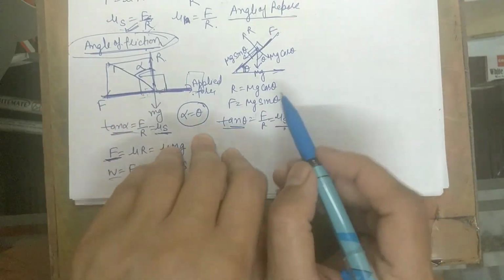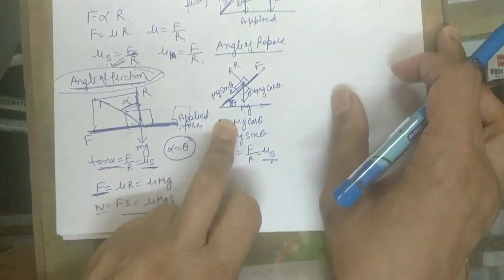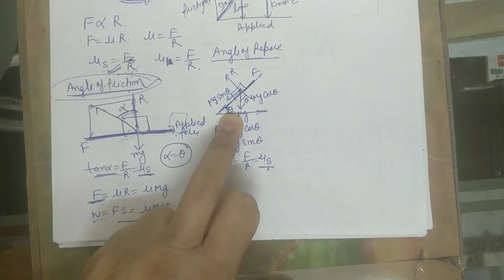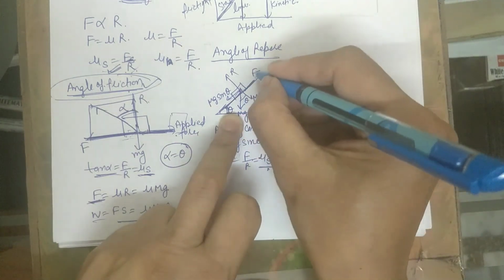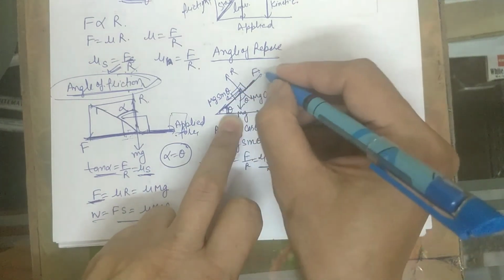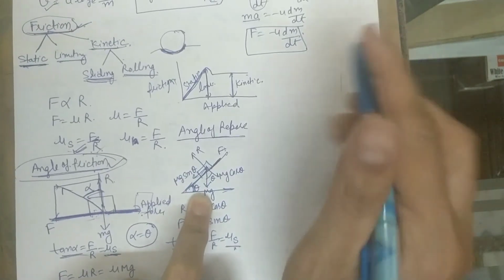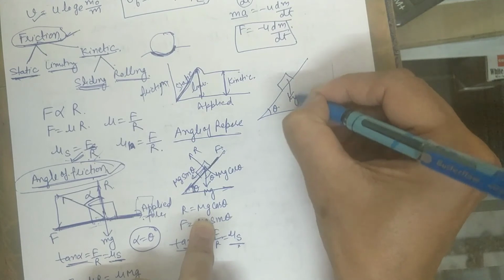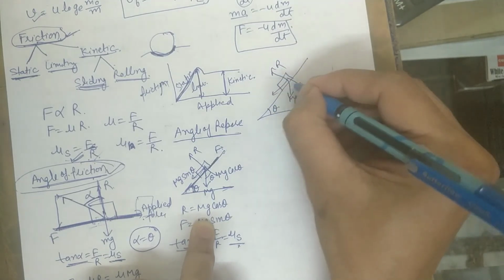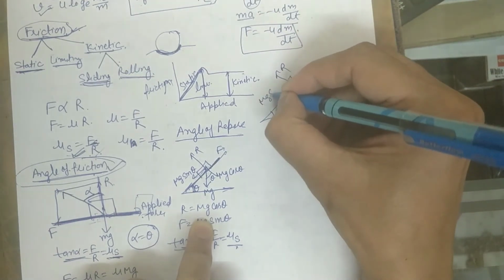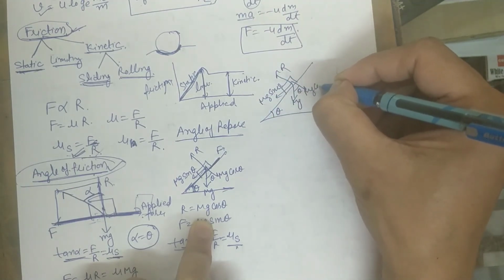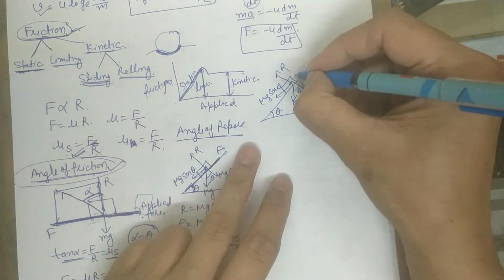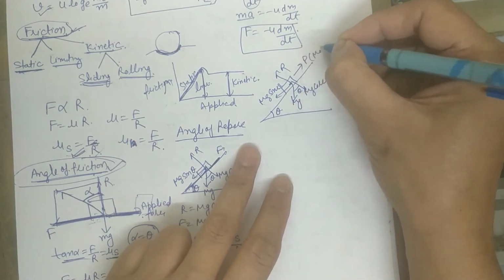But when we consider inclined motion, how do we consider the applied force? When the body is moving upward, the friction is downward. Our body is on an incline with angle theta, with mg and normal reaction and two components, mg sin theta and mg cos theta. The body is moved upward by the applied force.